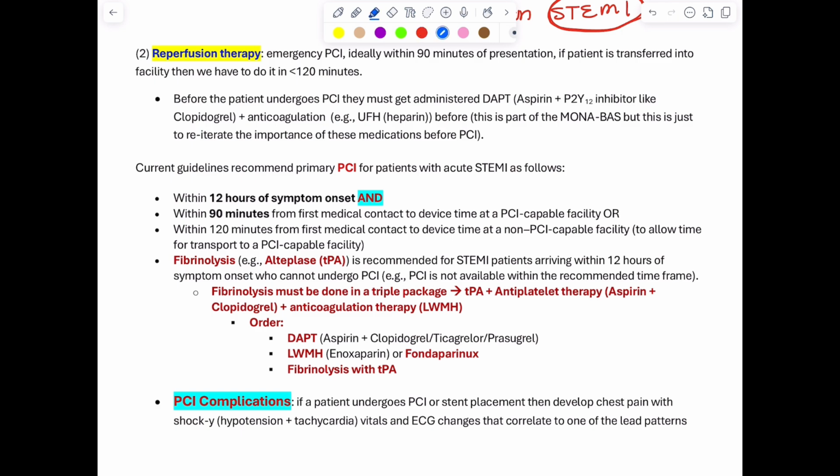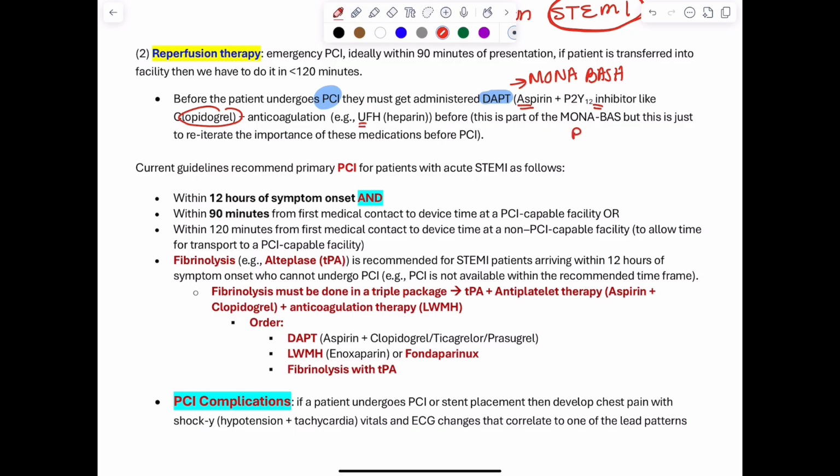Before we do the PCI, you have to give them DAPT. And DAPT was part of the Monabash, to be honest. That was the aspirin and the clopidogrel. Okay? Make sure that they're part of the list you're giving them. They're required before PCI. Okay? And you have to give unfractionated heparin.